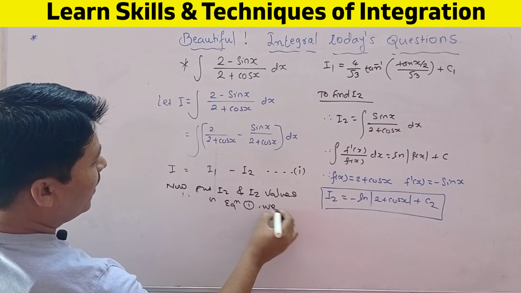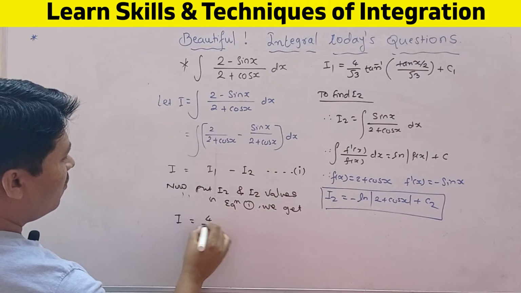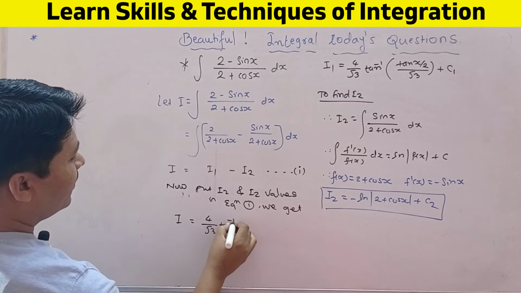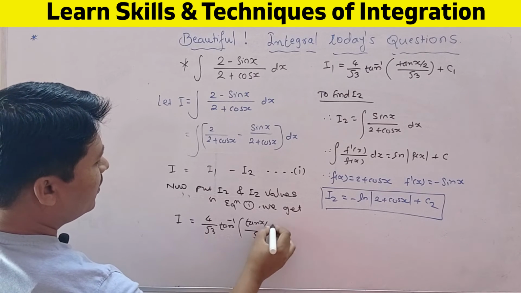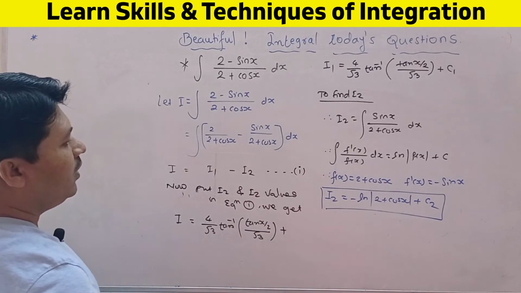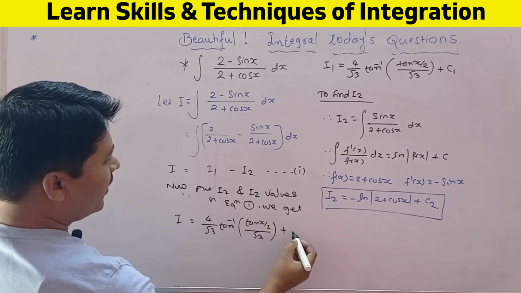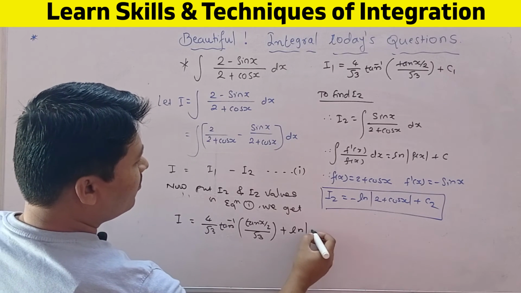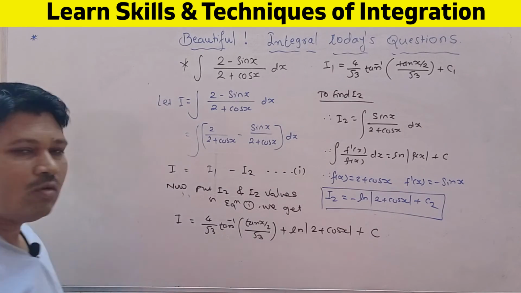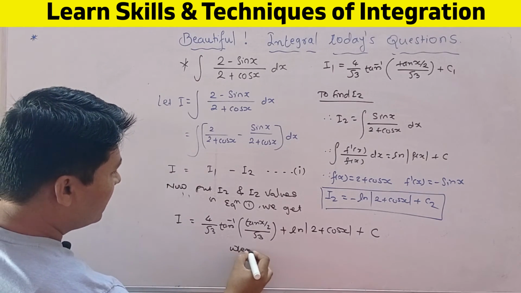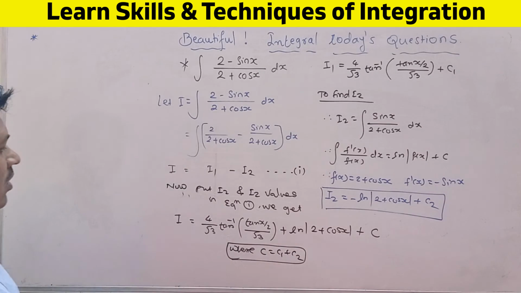Then we get the final solution: I is equal to 4 by root 3 tan inverse of (tan x by 2 divided by root 3), then minus the I2 value, which is minus, and minus minus gives plus, so plus ln (2 plus cos x) plus c, where c is the constant of integration and c is equal to c1 plus c2. This is my final solution.